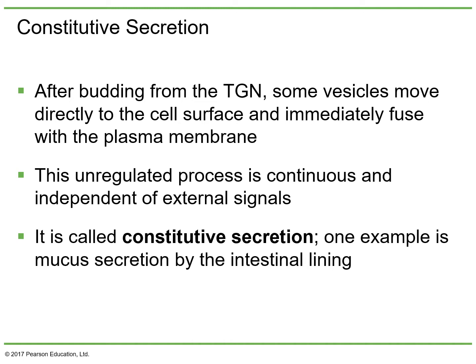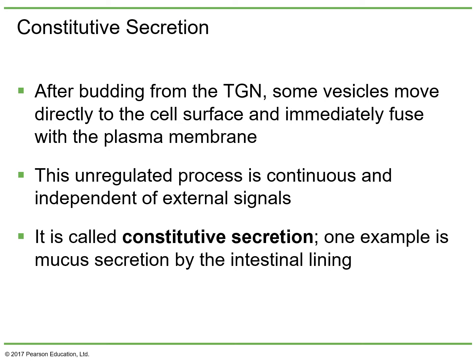We now can distinguish two different modes of secretion by eukaryotic cells. One is constitutive secretion, and the other is regulated secretion. Let's direct our attention to constitutive secretion. After budding from the TGN, some secretory vesicles will move directly to the cell surface, where they will immediately fuse with the plasma membrane and release their contents by exocytosis.